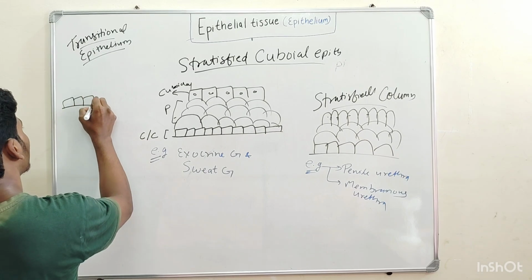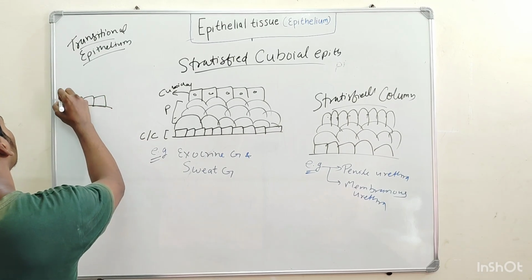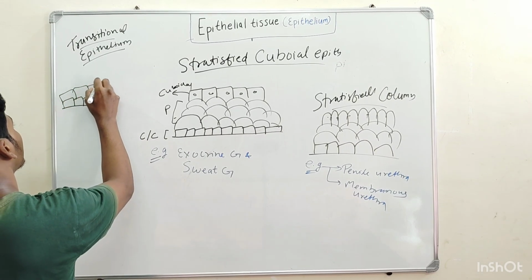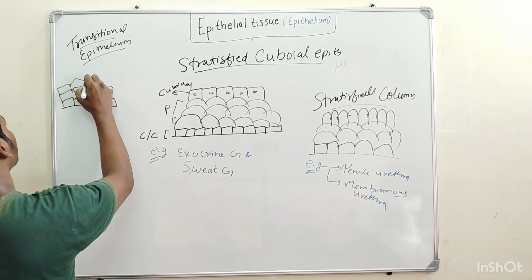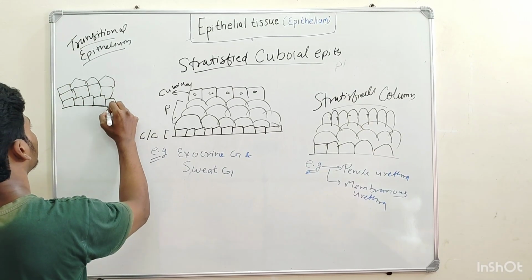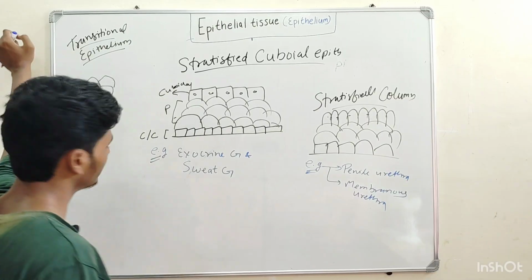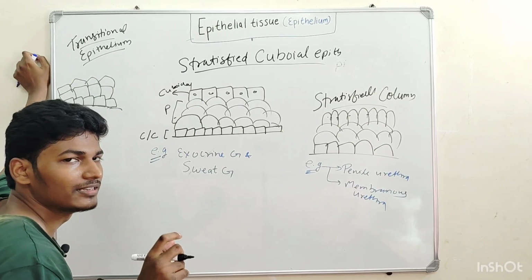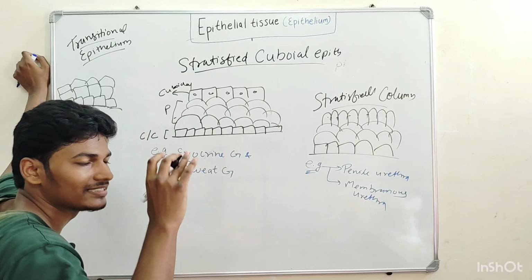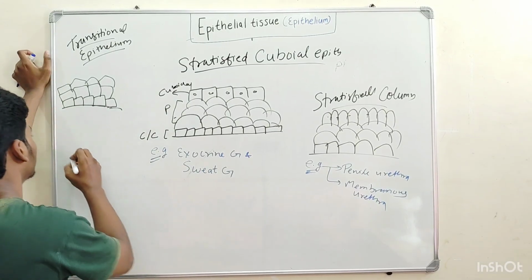Actually it is stratified epithelium, but what you will see is that there is a change in the layers. Sometimes the layers increase, sometimes they decrease.